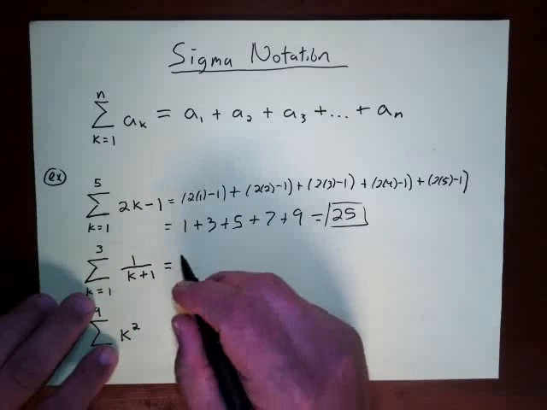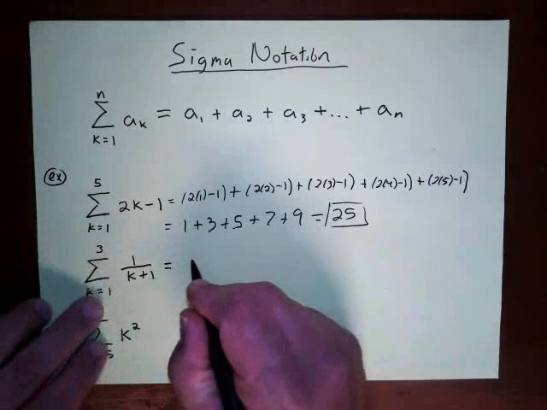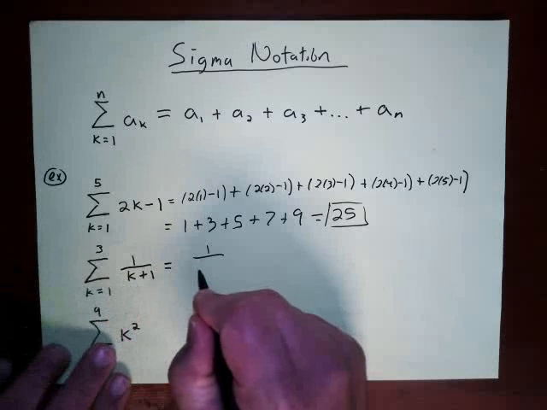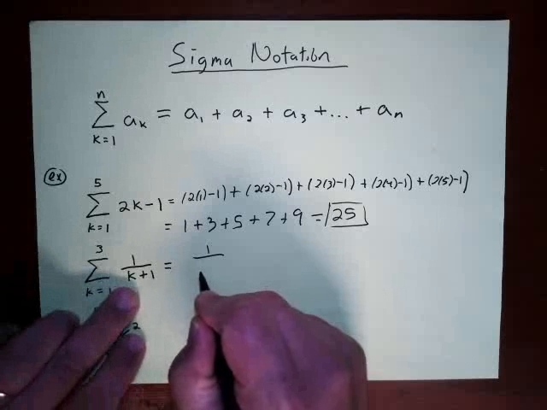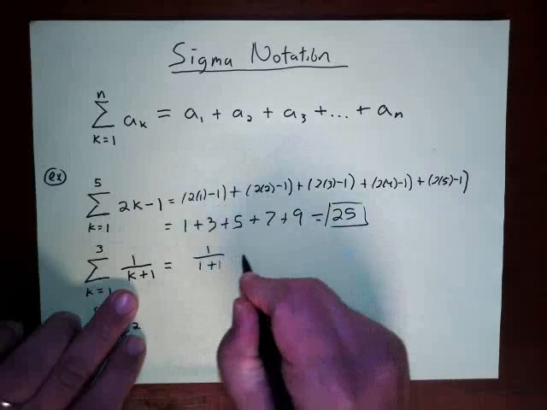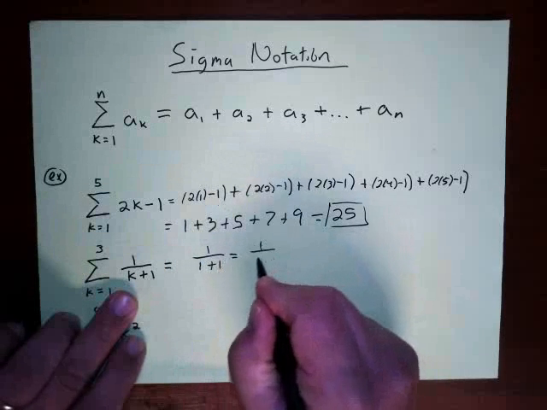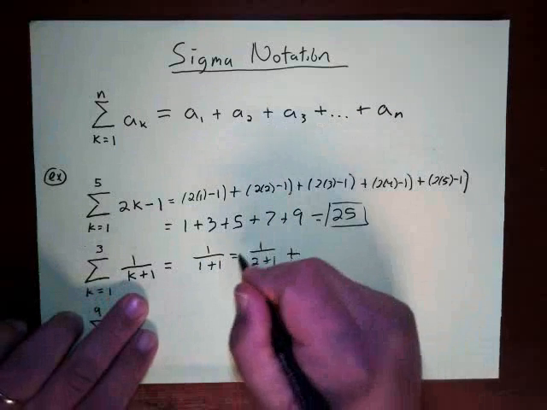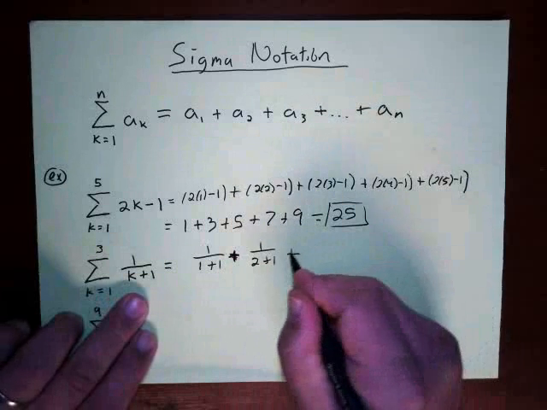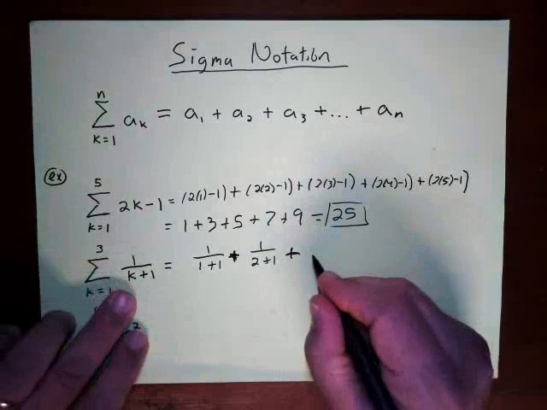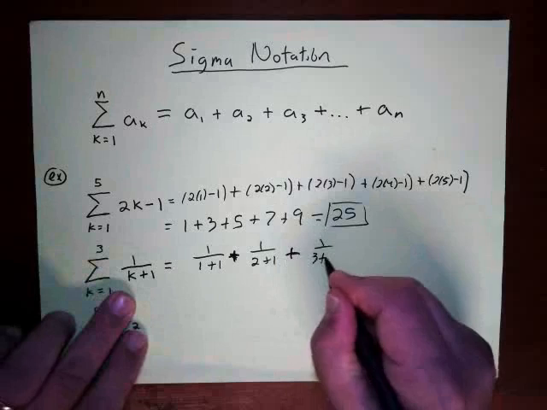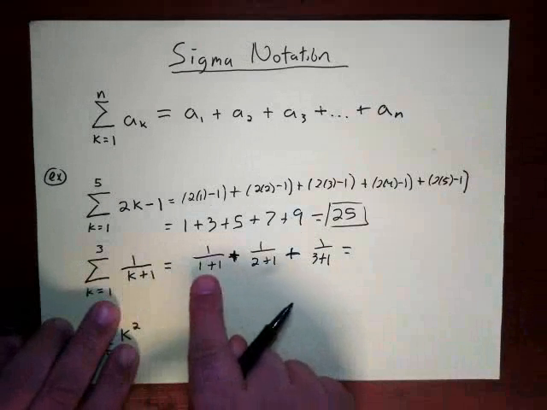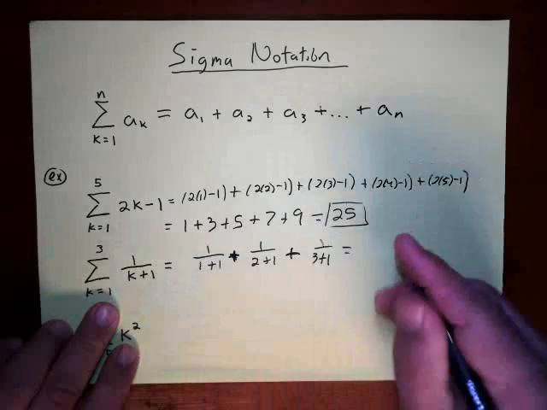So what about this one? This is from 1 to 3, so putting in k equals 1, this would be 1 over 1 plus 1. Then 1 over 2 plus 1, that's 2 for k. And then putting in 3 for k, 1 over 3 plus 1. So we're putting in k equals 1, 2, and 3 and getting these three terms.